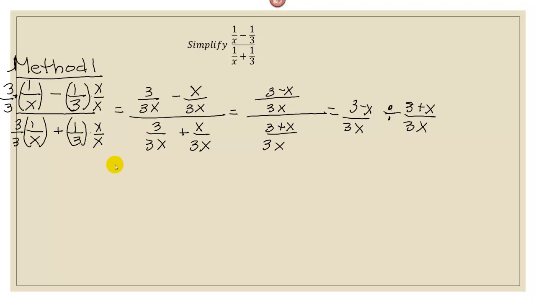So let's rewrite this. We have 3 minus x over 3x. I'm just going to take the first thing as it is, and then multiply by the reciprocal. Let me write it as a multiplication symbol like that, the circle. So the reciprocal of 3 plus x over 3x is just going to be 3x over 3 plus x.